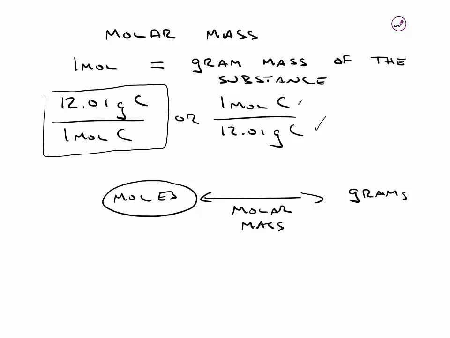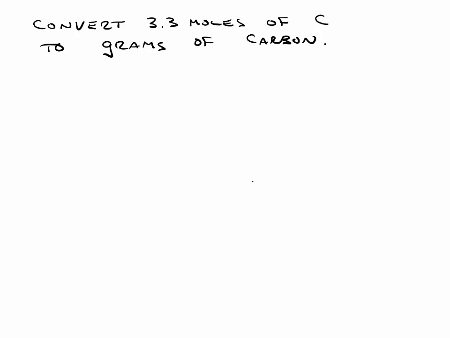This is a very useful conversion factor because it allows us to go from grams of the substance into moles of the substance, or from moles of the substance back into grams, using this molar mass as a conversion factor. For example, perhaps I want to convert 3.3 moles of carbon to grams of carbon.